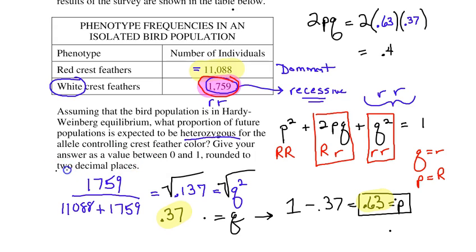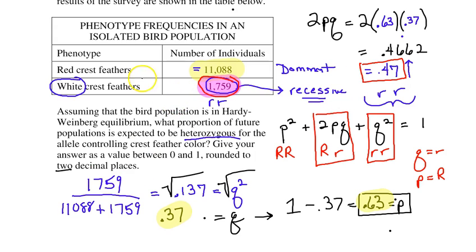They say round to 2 decimal places, so I get 0.4662, but because I'm rounding to 2 decimal places, I want to round to this number here, but I look at the number next to it's above 5, so this becomes 0.47, okay? And that is my answer. And that's the frequency of people that are heterozygous, assuming we're in Hardy-Weinberg equilibrium, and these are the current number of individuals showing these phenotypes, okay, in our population.